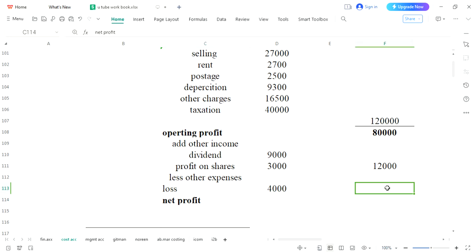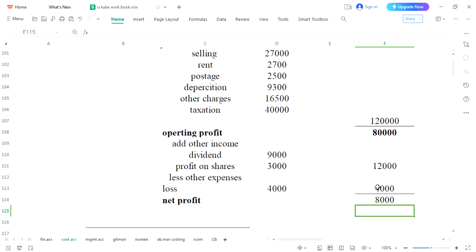Okay guys, so this is 4,000, only single amount is present, after which we will be able to calculate net profit. How? Look, this is your operating profit, then you will add your income. Income is 12,000, and then you will subtract your other expenses, less other expenses, and amount is 4,000.